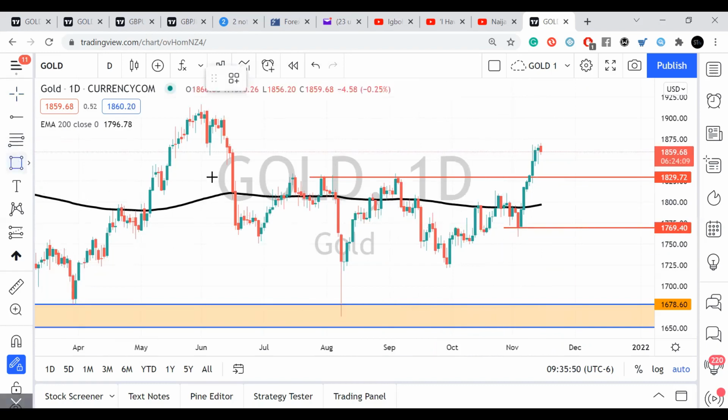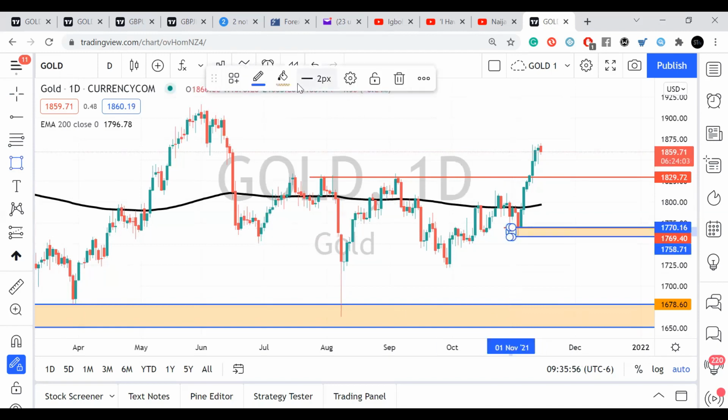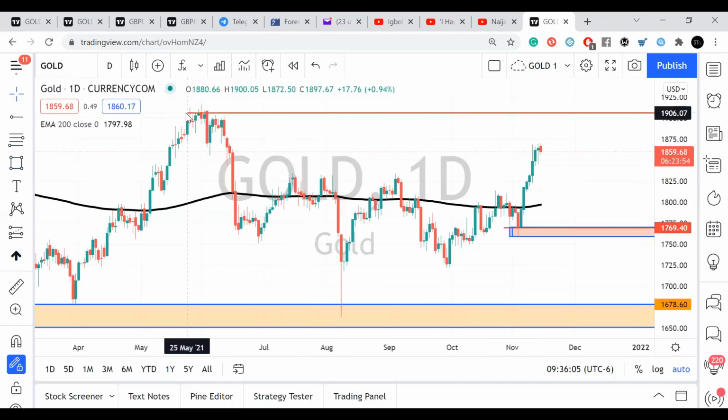So this is our daily low. We don't have a daily high yet, but I'm suspecting here, and I'll show you guys why.